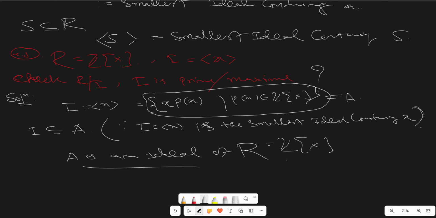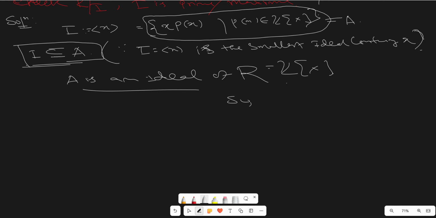If this is an ideal, then because I is the smallest ideal containing x, and A contains x and is also an ideal, this implies that I is contained in A. So I is contained in A.